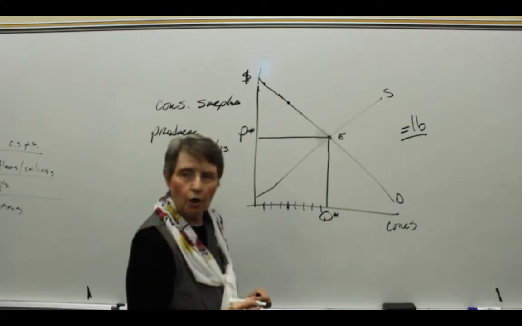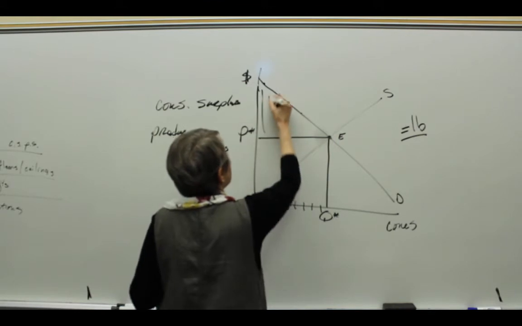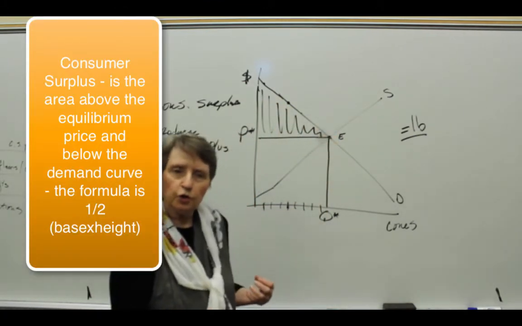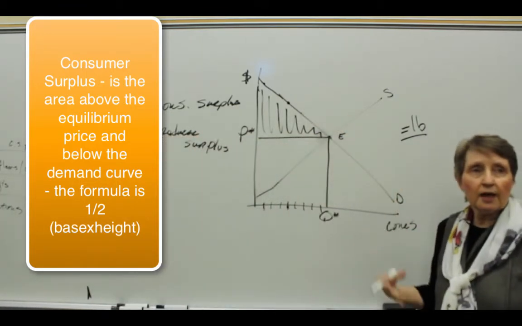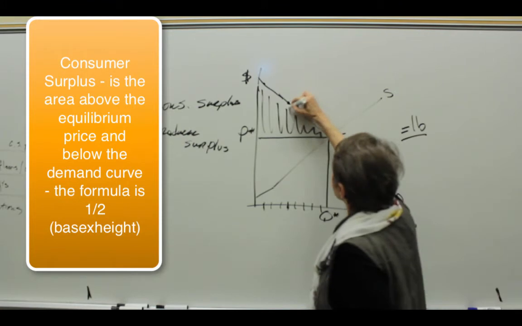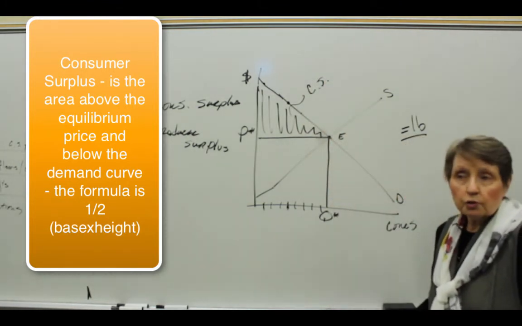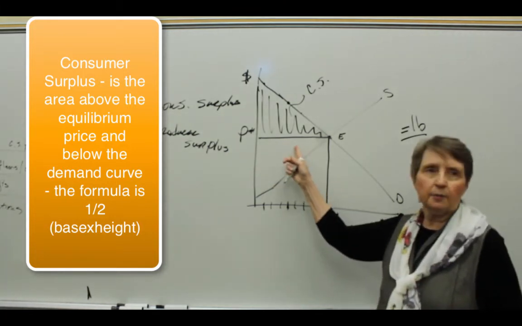Every one of these cones is going to be sold at a price of P star, so all of this area right here is benefits to consumers because they're going to buy these ice cream cones at a lower price than they actually value it. So this triangular area here we call consumer surplus. Benefits to consumer over and above what they actually had to pay.